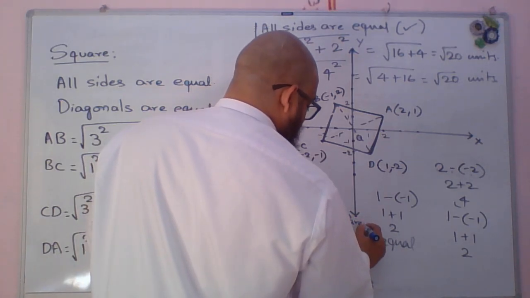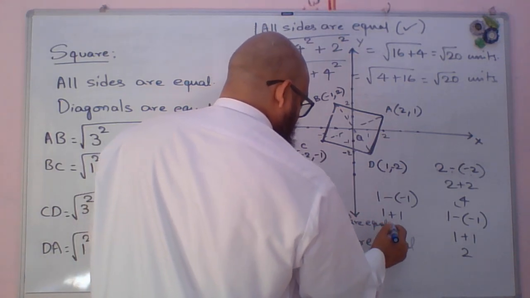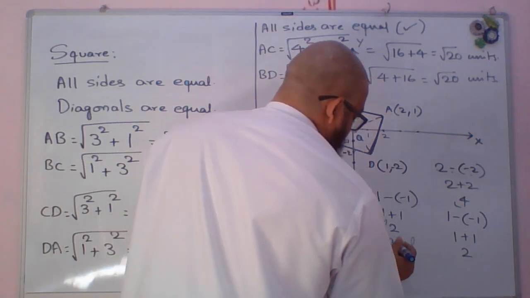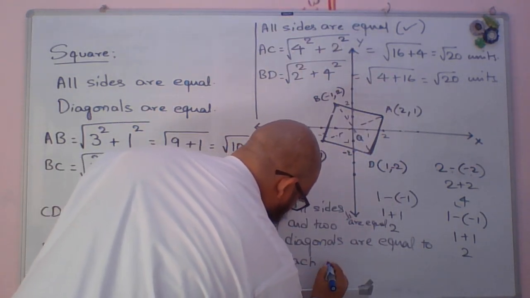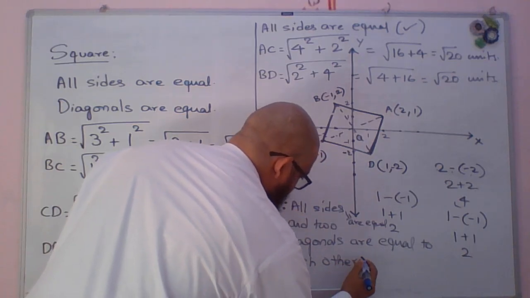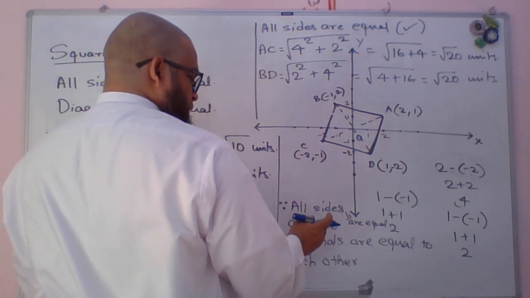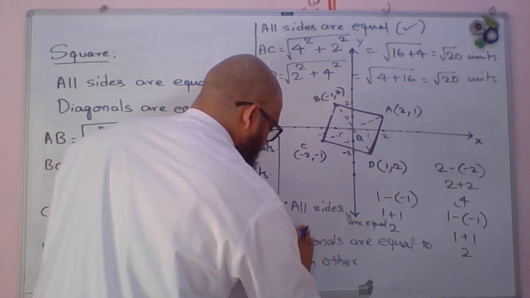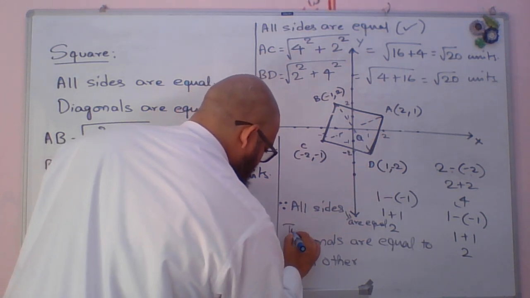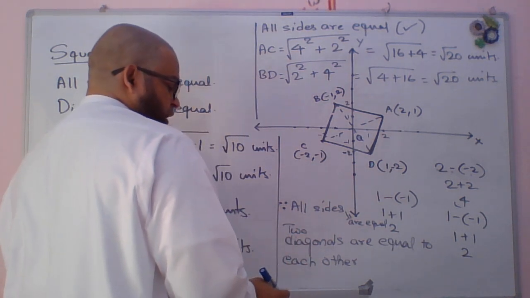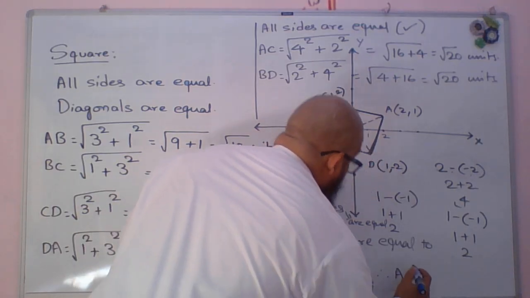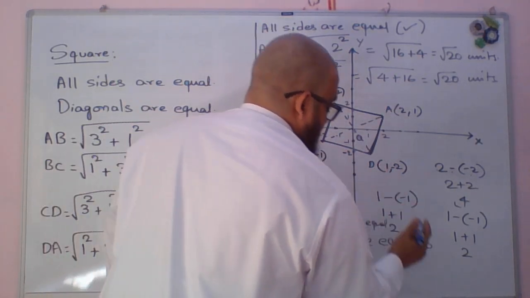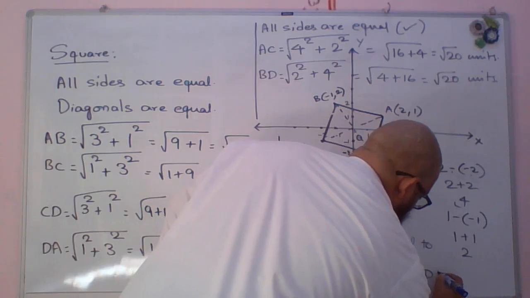All sides are equal and two diagonals are equal to each other. Actually, in order to get rid of confusion, all sides are equal. And then in the next statement, two diagonals are equal to each other. So therefore, ABCD is a square.